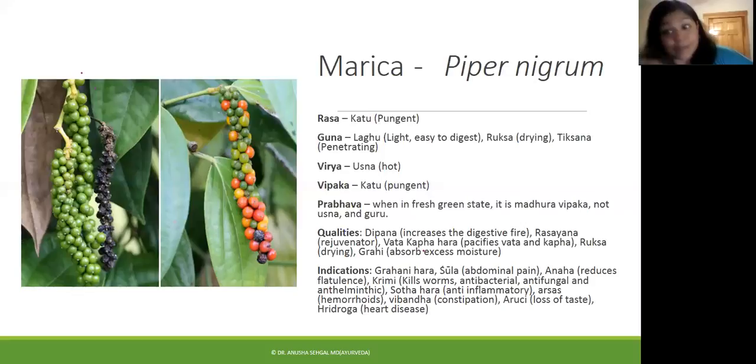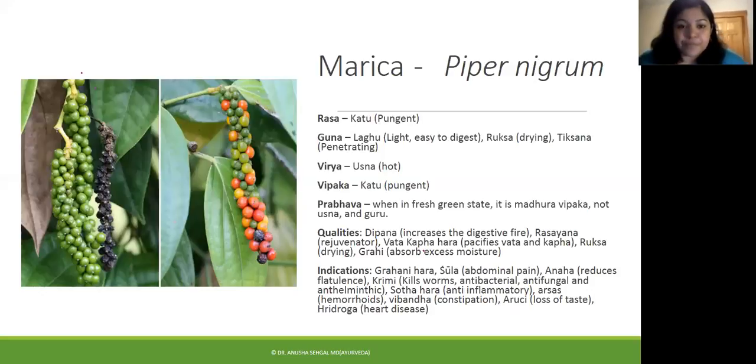That's why we add black pepper to anything to enhance the taste. And also it is used in hridroga, or in heart disease. Okay, so when we get to the heart disease module, we'll talk about this a little bit more. But this really helps in heart disease, specifically of Vataja and Kaphaja type of heart disease.